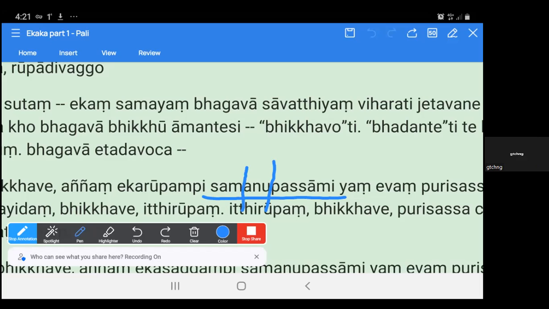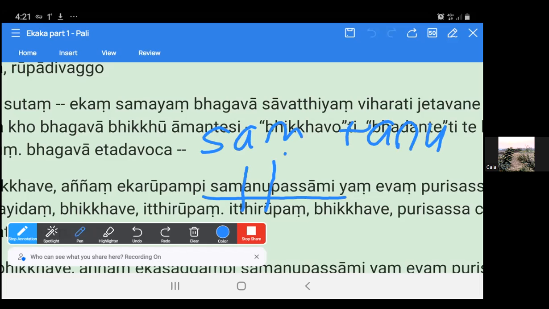Right, good. The prefix is sam with the m dot, and then anu, and then passāmi. Sam means together, anu is after, and passāmi is see.